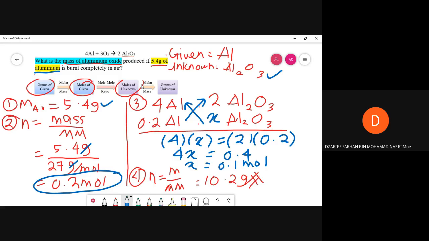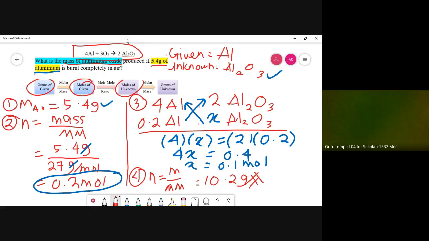And then, step 3 adalah untuk cari number of mole for unknown. Unknown kita adalah Al2O3. Sebab ini yang soalan suruh kita cari, kan? So, untuk step 3 ni, you have to compare information from the given chemical equation. You compare dengan jawapan dekat step nombor 2.